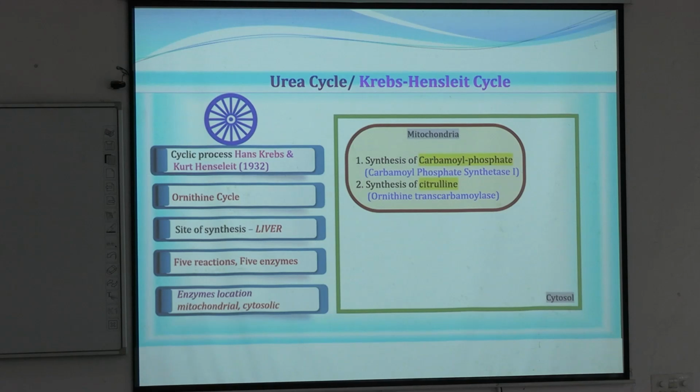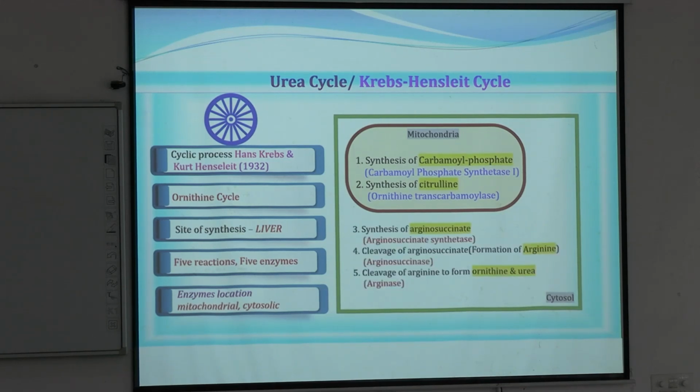The second step is formation of citrulline, and the enzyme is ornithine transcarbamoylase. Next three steps: the third step is synthesis of argininosuccinate by the enzyme argininosuccinate synthetase. Fourth is formation of arginine, by argininosuccinase. Fifth is formation of ornithine and urea by the enzyme arginase. Clear? These 5 steps and 5 enzymes.